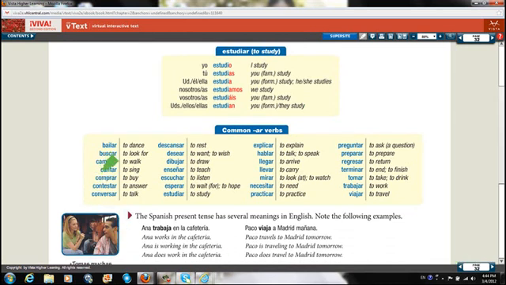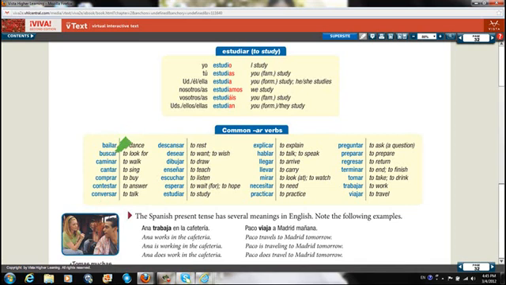Let's take the second one. Buscar. Buscar means to look for. The for is included in the infinitive. And remember how we talked about the infinitives being 2 words in English and only 1 word in Spanish. But that AR on the end tells us it's the infinitive.